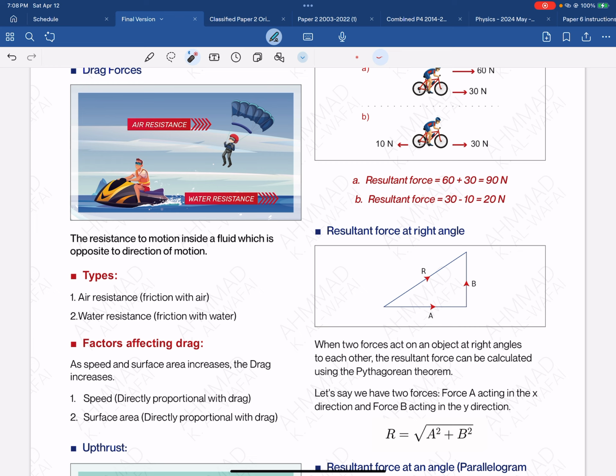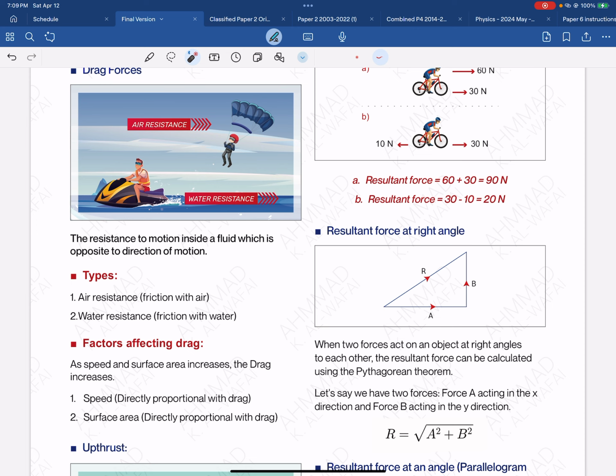So if you increase the speed and the surface area while moving really quickly through air, air resistance is going to increase. If you move quickly on water, the water resistance is going to increase. If you have a large surface area while doing that, the drag force also increases.